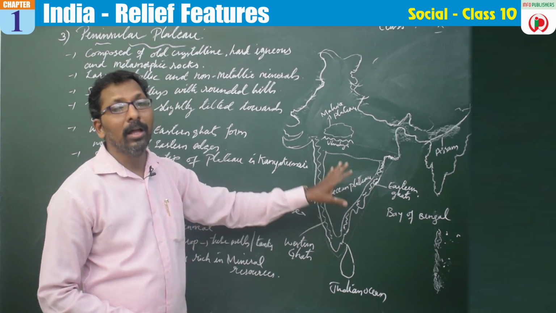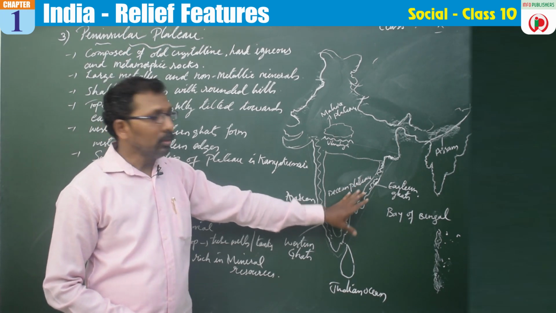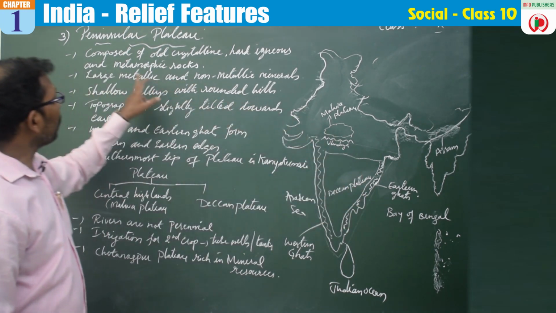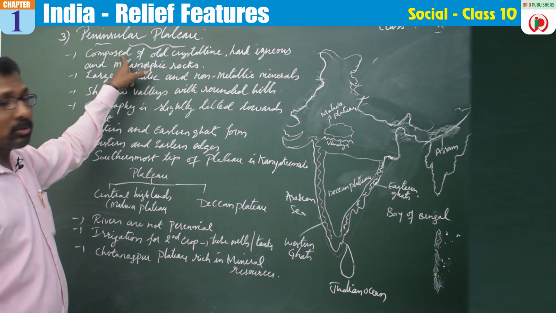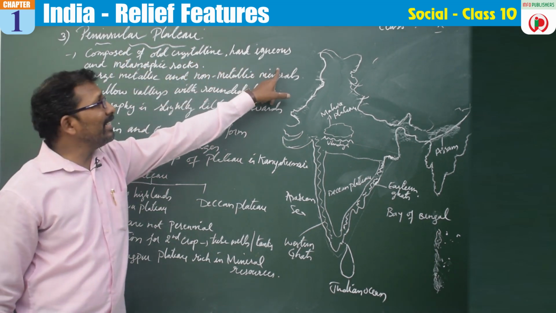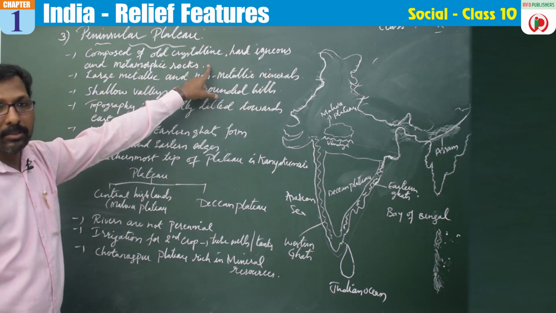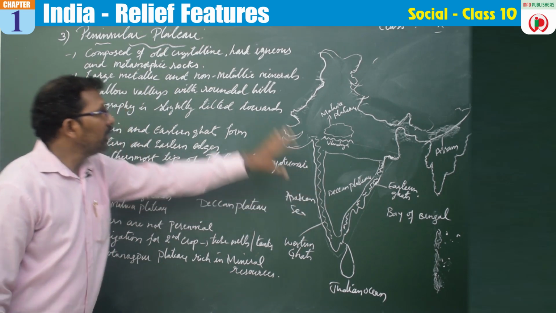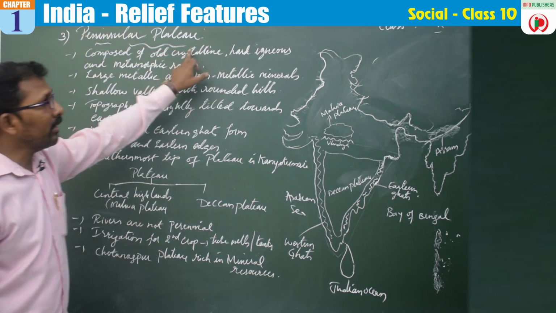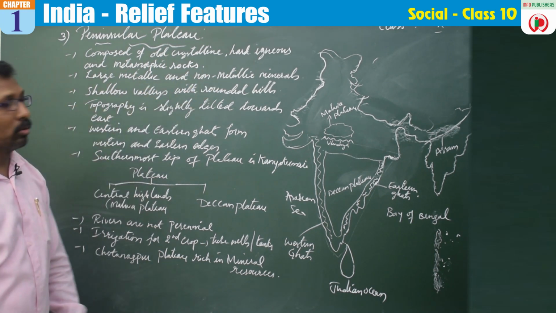What type of soil is present? Black soil is present in the Peninsular Plateau. This Peninsular Plateau is composed of old crystalline, hard igneous and metamorphic rocks.